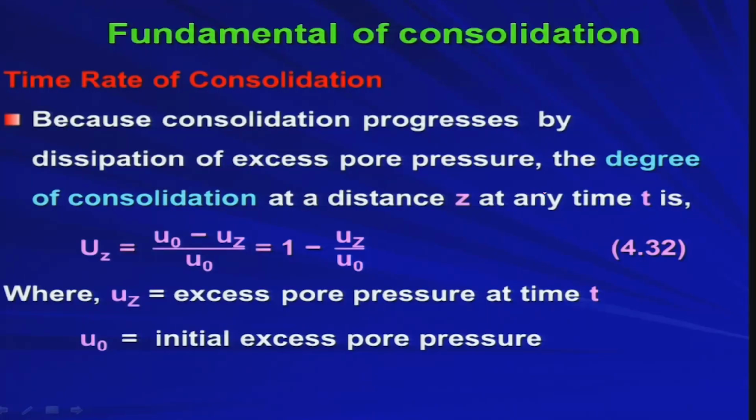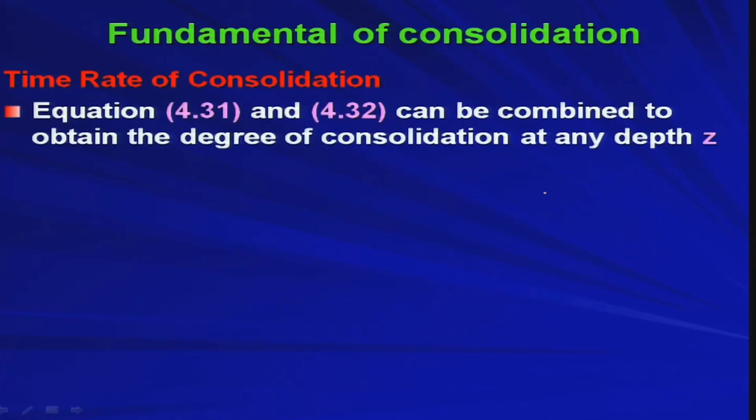That is nothing but 1 minus u_z by u_0. That is a very important equation, which we will see later. Equation 4.31, which gives the excess pore water pressure in terms of the initial excess pore water pressure and the time factor, is the fundamental equation.